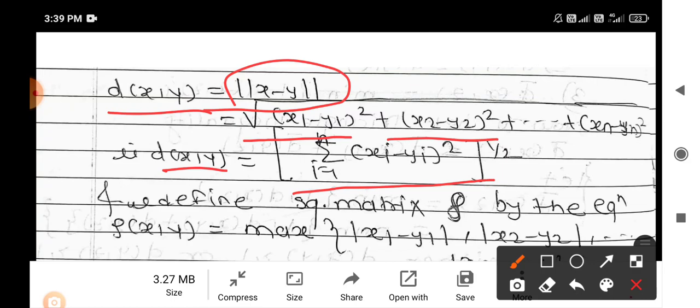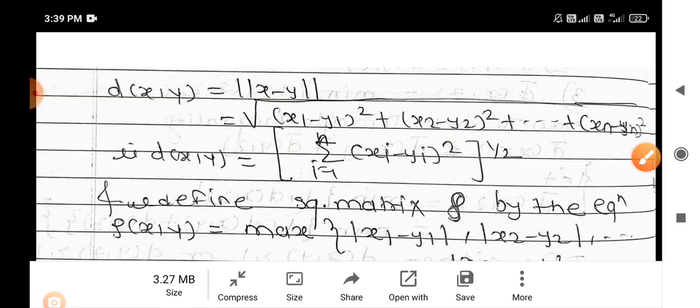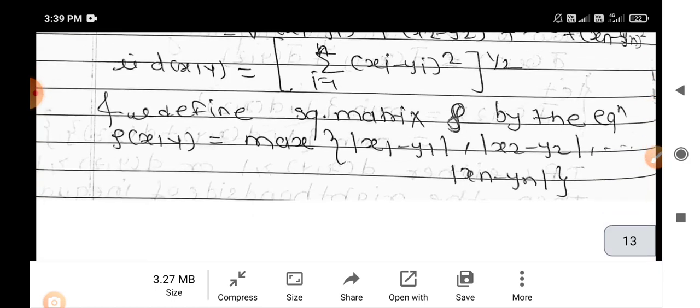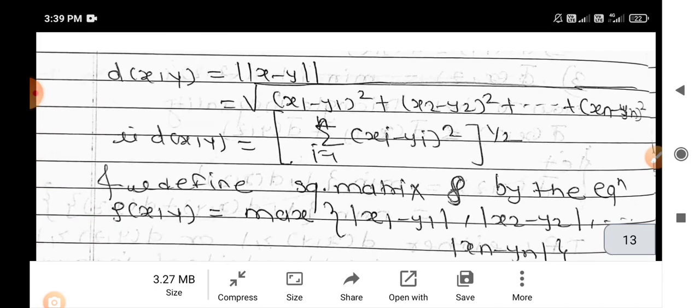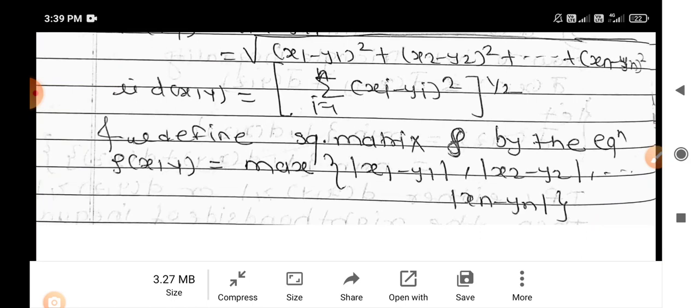And we define the square metric by the equation rho of xy, it is the maximum of mod of x1 minus y1, mod of x2 minus y2, up to mod of xn minus yn. This defines a metric.